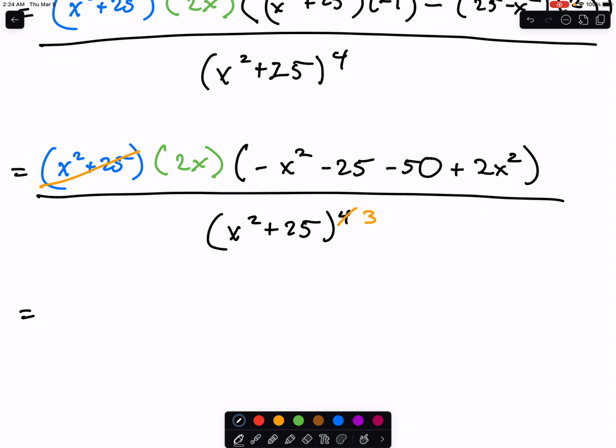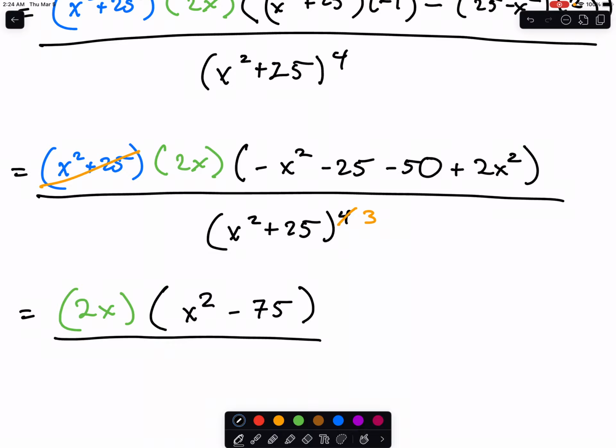So now on top, it looks like we have this 2x times x² minus 75. Okay. Over x²+25 to the power of 3. Okay.